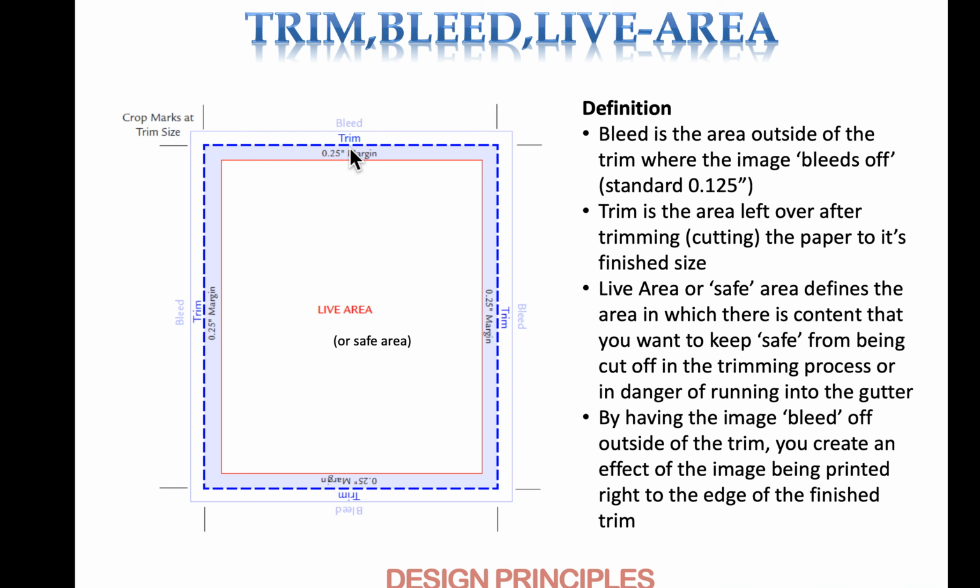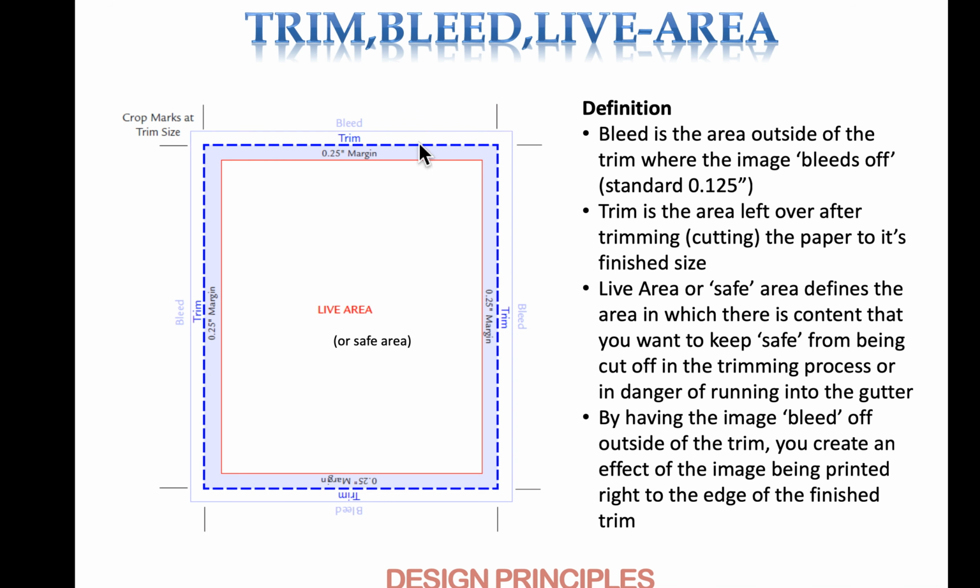And then on the inside of the trim, we have the margin that we've been using, and that's our live or safe area. These are industry standard terms. When you look at mechanical specs and they say, I need this, this, and this from you, they're referring to live area, where your margins need to be placed inside your trim size, which is your finished size piece of paper or size of the magazine, and anything outside of that is the bleed.